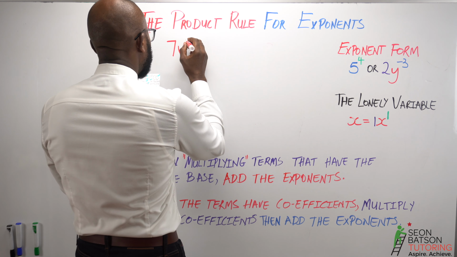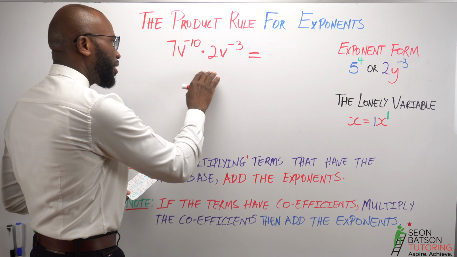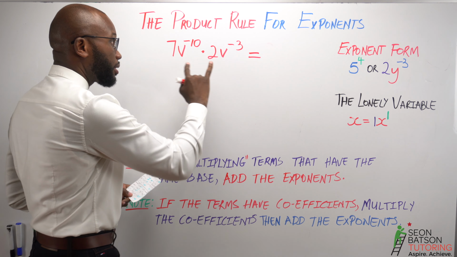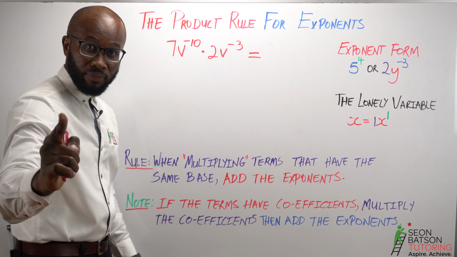Ooh, spicy stuff here. Again, our terms have the same base, but they have coefficients. So we are going to multiply the coefficients first. 7 times 2 will give me 14. So I take care of my coefficients first.